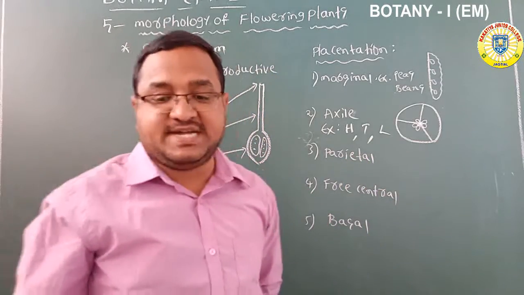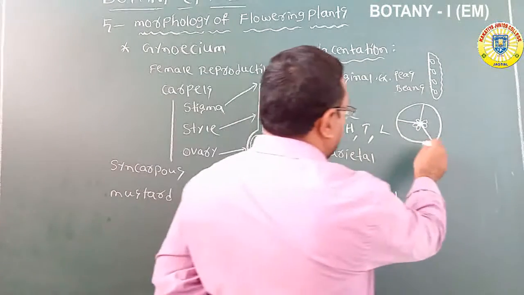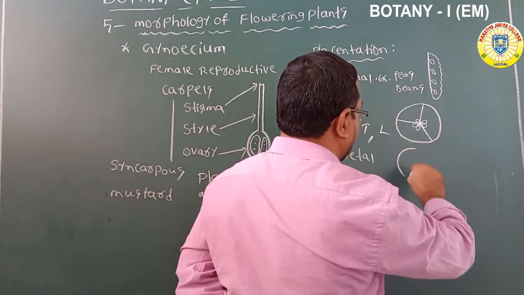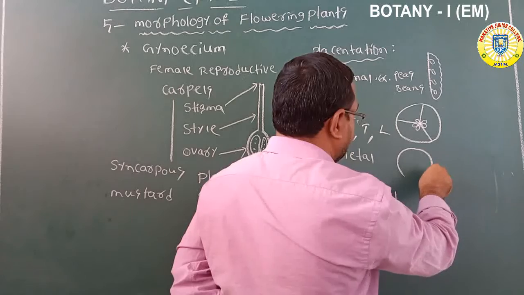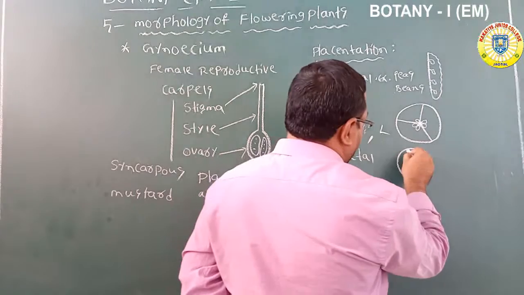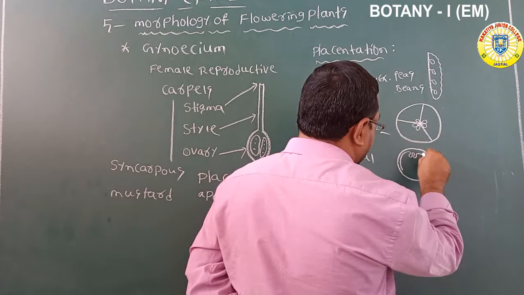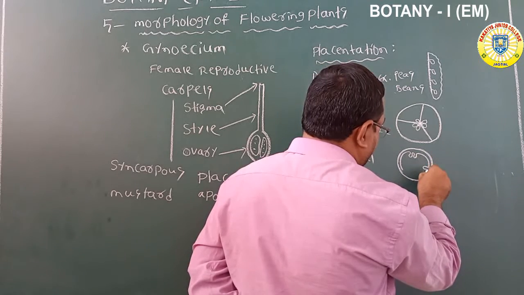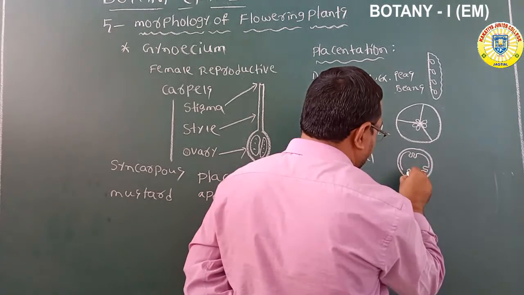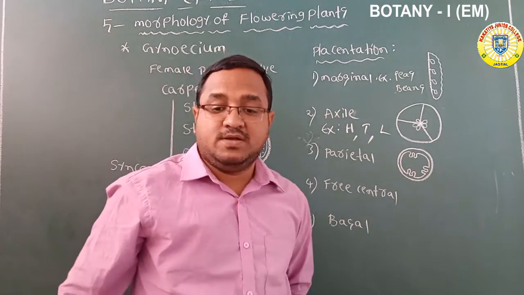In this parietal placentation, the ovules are developed on the inner wall of the ovary.